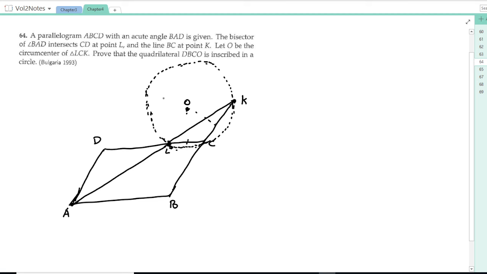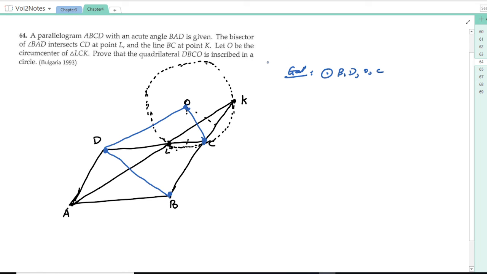Then we want to prove the quadrilateral, let me use another color, BDOC, is concyclic. So the goal is concyclic BDOC.